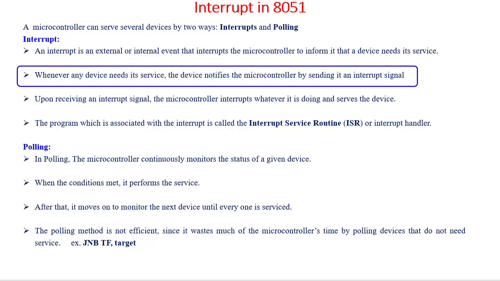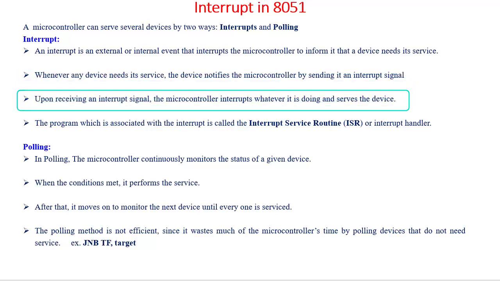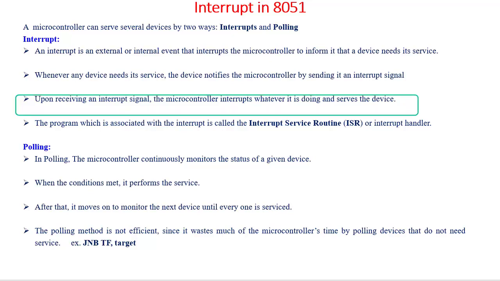What happens when an interrupt signal is received by the microcontroller? Upon receiving an interrupt signal, the microcontroller interrupts whatever it is doing and services the device. It means the microcontroller was executing instructions one by one. At the moment the interrupt occurs, the microcontroller should attend to the device that has sent the interrupt.